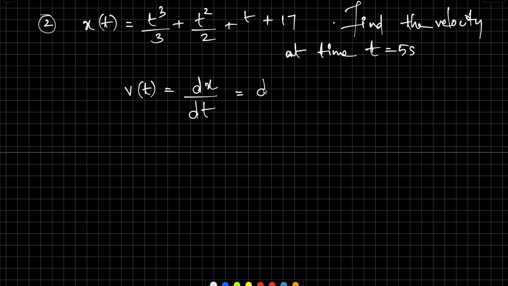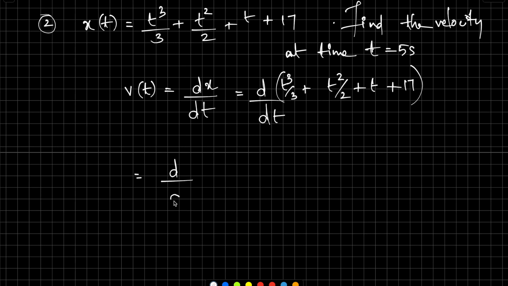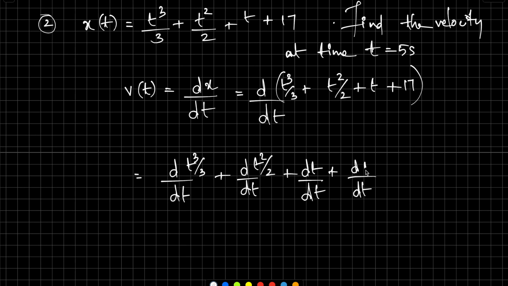Alright, so d by dt of position vector is d by dt of t cubed by 3 plus t squared by 2 plus t plus 17. So d by dt of t cubed by 3 plus d by dt of t squared by 2 plus d by dt of t plus d by dt of 17.